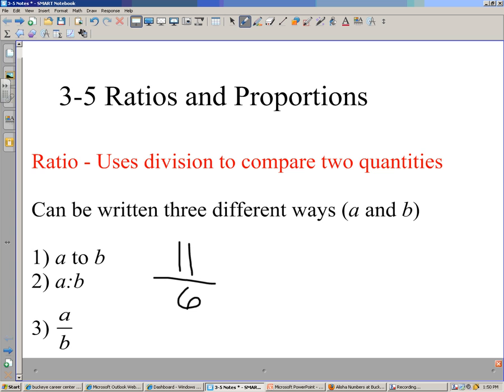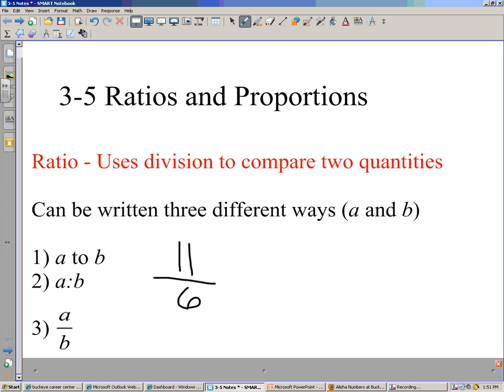Is this in simplest form? Can I simplify this at all? Simplify the ratio? No. Yes, it is in simplest form. This one is. Now, what about, so this is male students to female students.